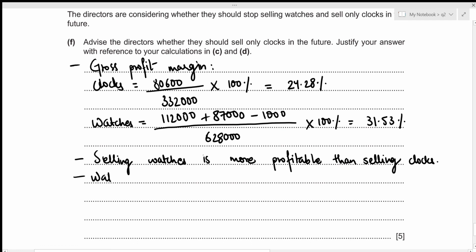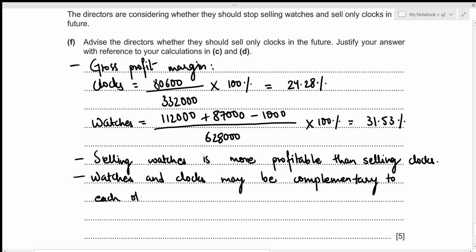Let's write it down as well. And we know that clocks are bought in from a supplier, whereas watches are manufactured on our own. And we know that quality can be ensured for own manufactured goods. Let's write it down as well. Quality can be ensured for own manufactured goods.